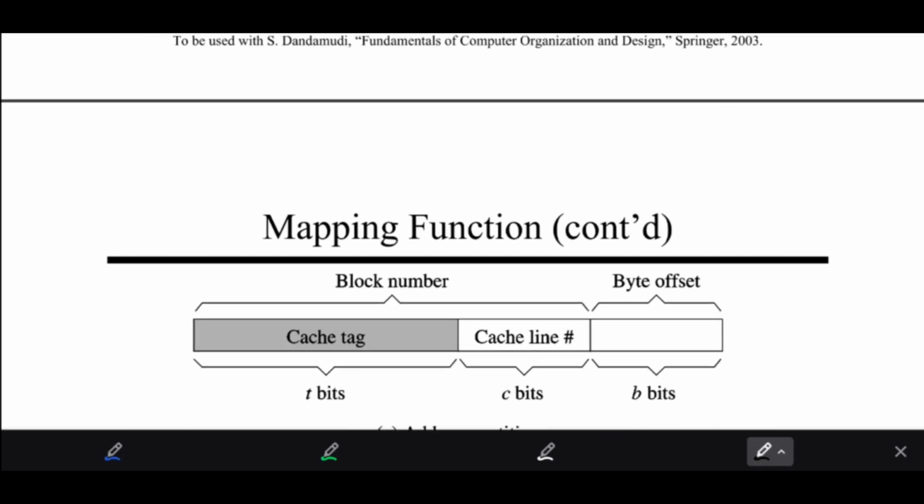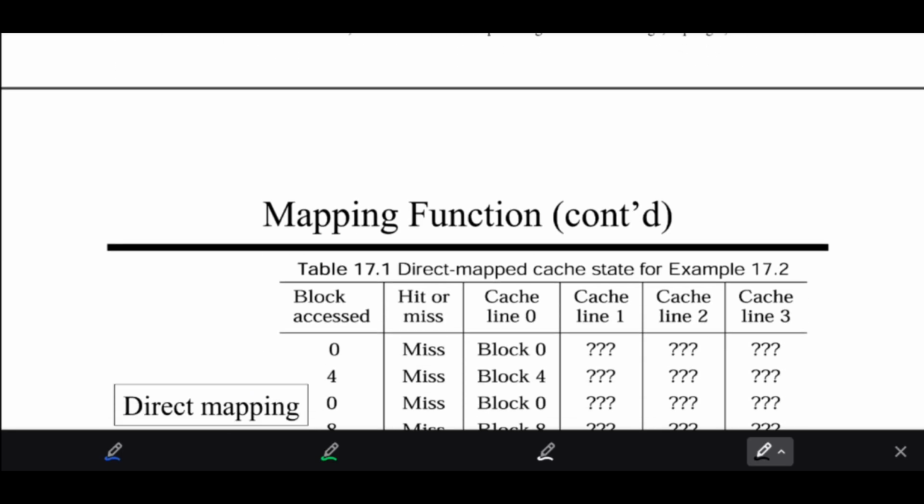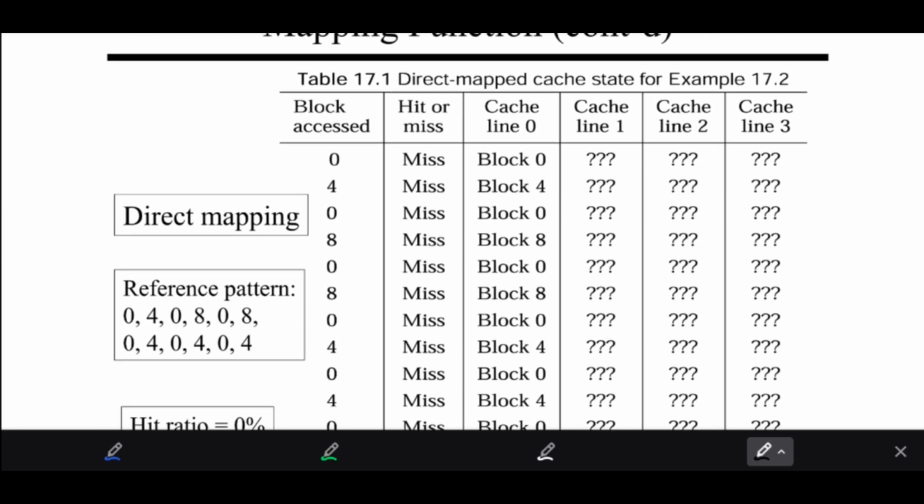Then let's move towards an example. First, you have to assume that there is nothing inside our cache memory. Then first our CPU requests block address 0. There is definitely nothing inside the cache, so there will be a miss.